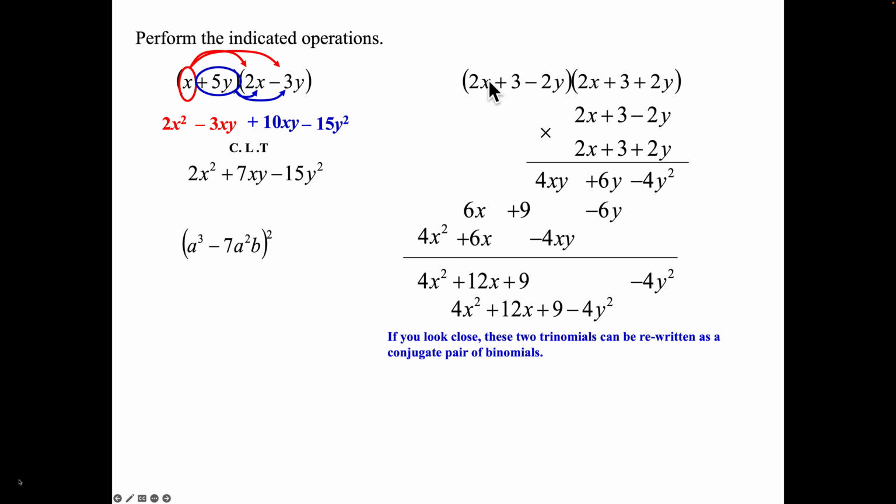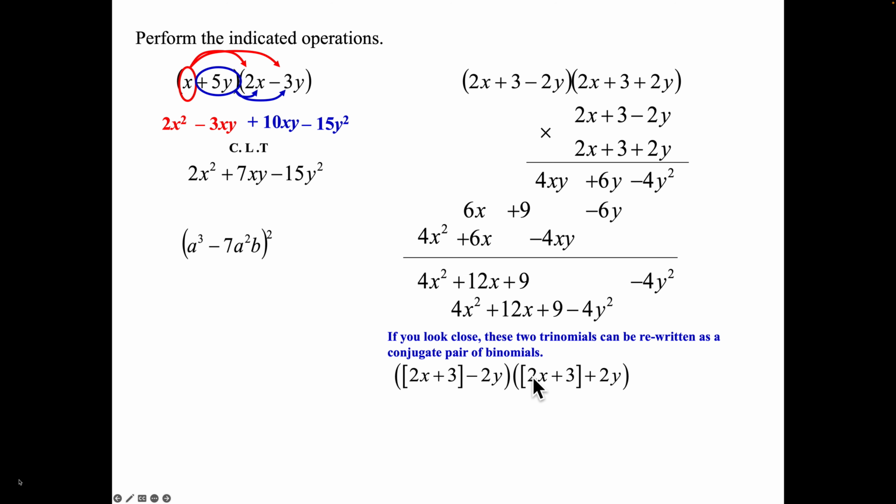These two trinomials can be rewritten as a conjugate pair of binomials. What do you mean? There's three terms. How do you get two terms? You put a grouping symbol around the 2x plus 3. They're exactly the same. We're going to treat this like one term.